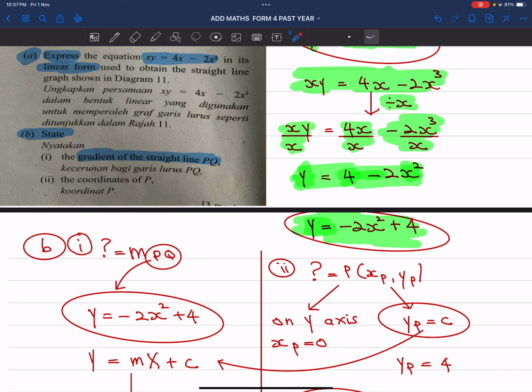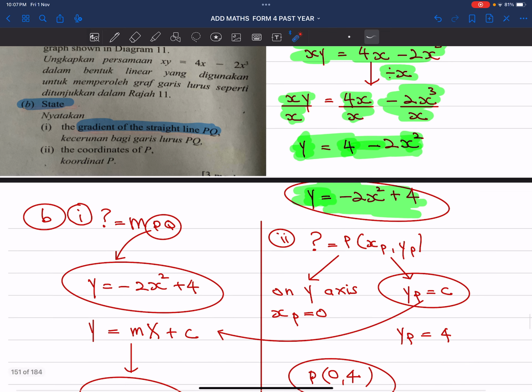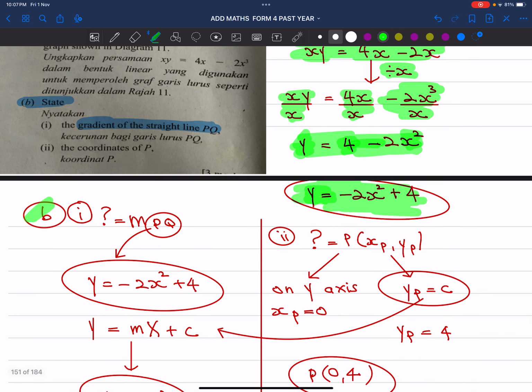Second part, part B. State the gradient of the straight line PQ. So B part 1, they are asking the gradient, symbol m, of PQ.